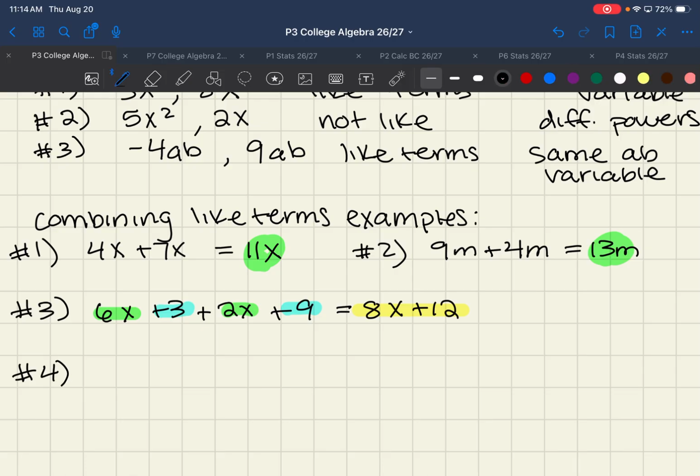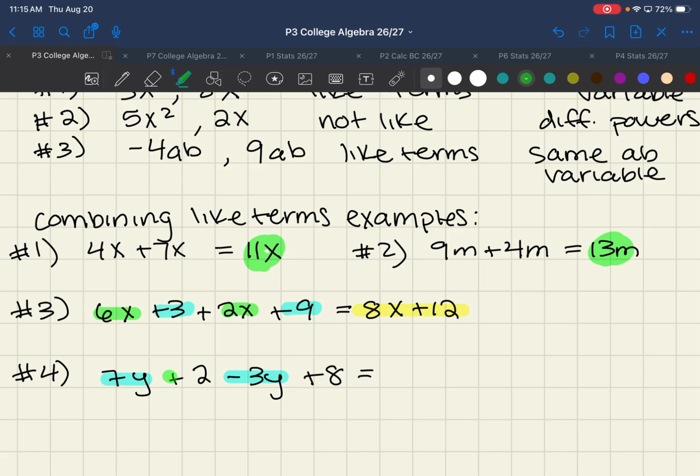Here is number 4. We have 7y plus 2 minus 3y plus 8. First, we need to identify which ones are like terms. So we have 7y and negative 3y. Notice I'm considering the negative with the coefficient. Anytime you see a negative, just attach it to the coefficient.